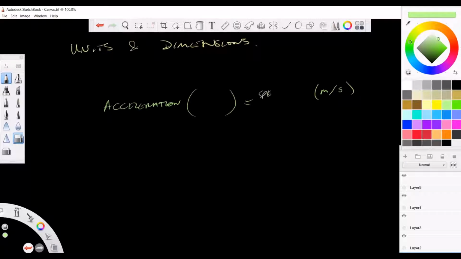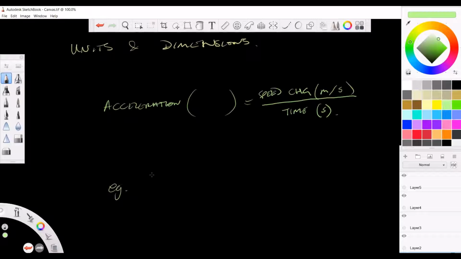An acceleration is a change of speed over a certain amount of time. If I know I've changed my speed by a certain amount over a certain time, and I divide the speed change by the time, which would be in seconds, then that will tell me the acceleration.